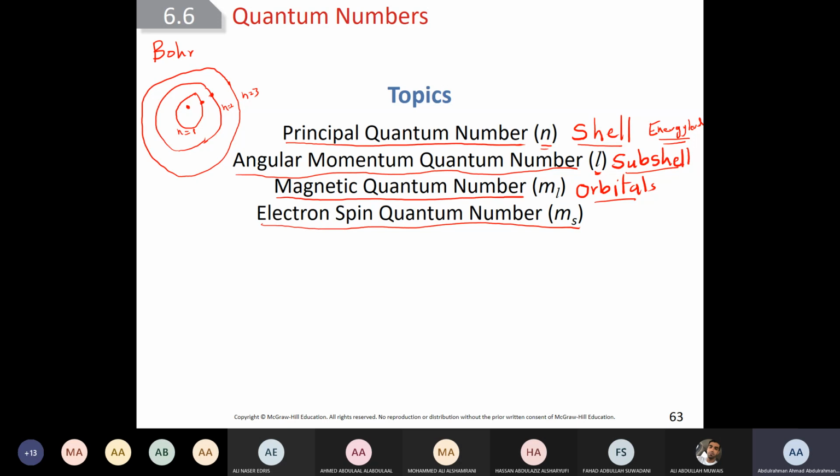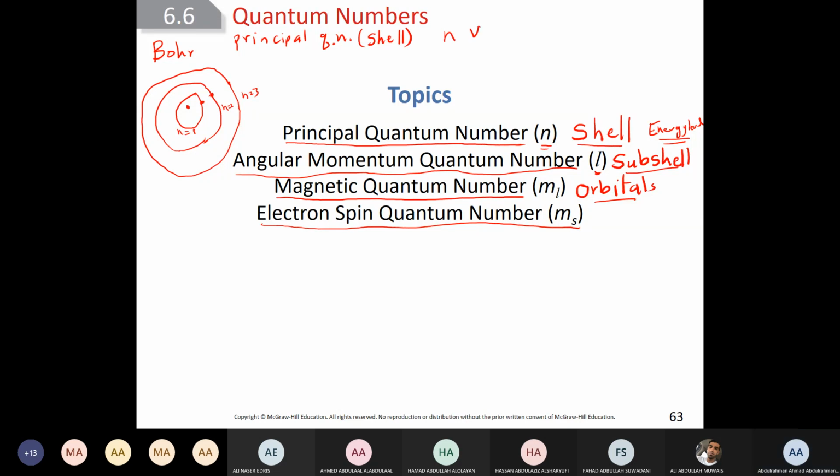And so he developed the principal quantum number. What's the other name for it? Shell quantum number.